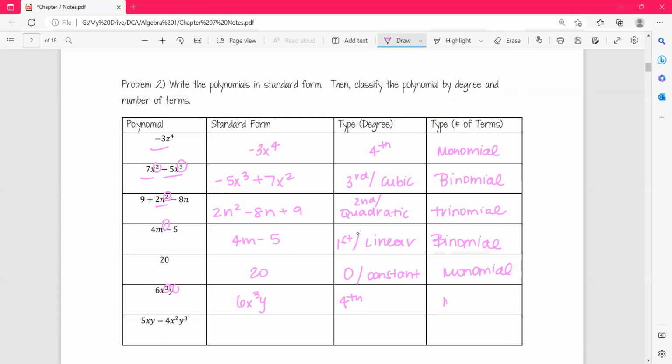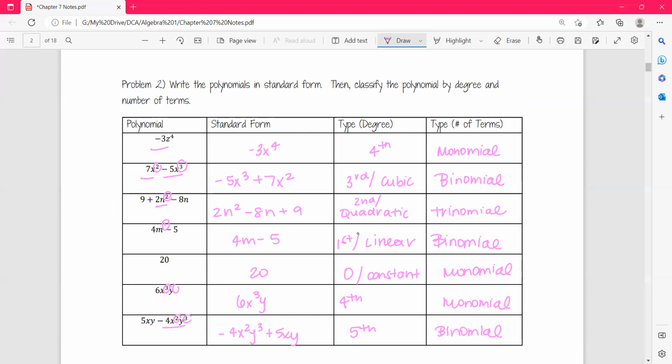And there's 1 term, we call it a monomial. 2 terms, we call that a binomial. Standard form, this one has the greater exponents. It goes first. And how many exponents? It has 5 as the greatest, so 5th degree.